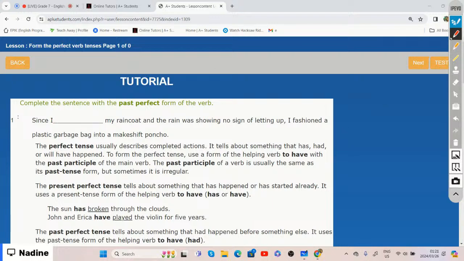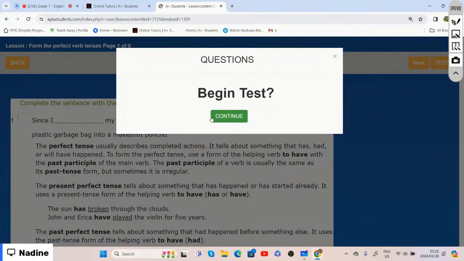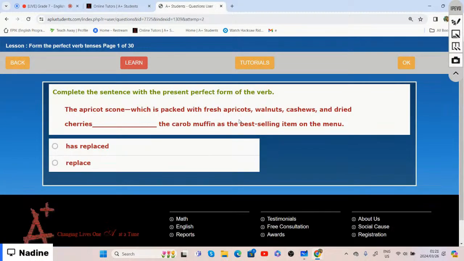All right, so now let's do our test, where we are going to form the perfect verb tenses. We need to complete the sentence with the present perfect form of the verb.